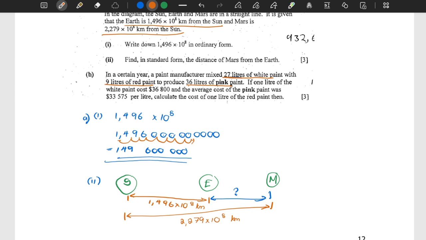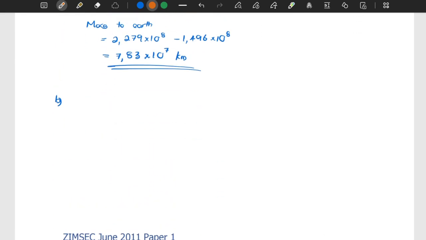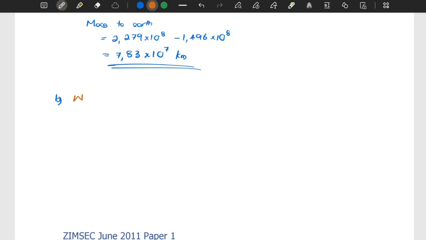So at least that adds up calculation wise. If 1 liter of white paint costs that much, so white paint, let's start with white paint, see what we're given.